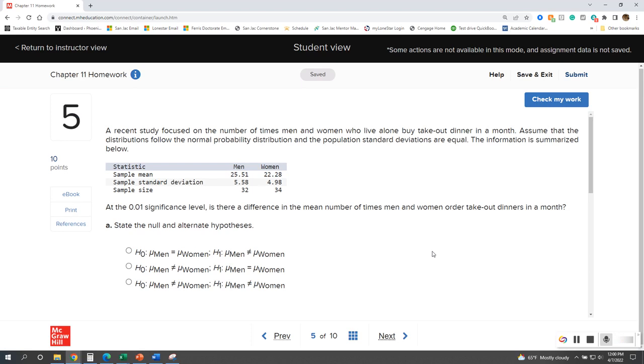Okay. So question 5 states this. A recent study focused on the number of times men and women who live alone buy takeout dinner in a month. Assume that the distributions follow the normal probability distribution and the population standard deviations are equal. Okay.